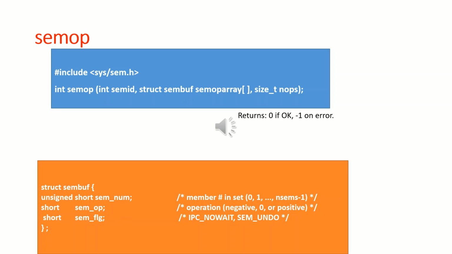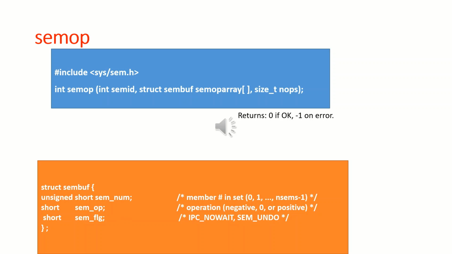Second, if sem_op is negative, we want to obtain resources that the semaphore controls. If the semaphore's value is greater than or equal to the absolute value of sem_op, the resources are available.